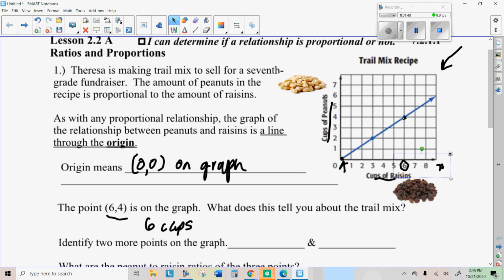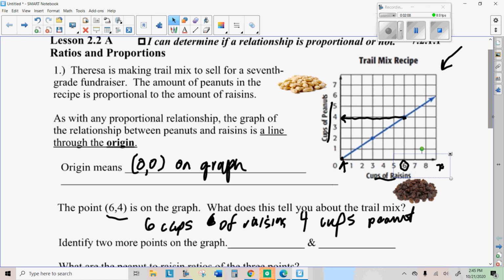And then the other number that makes that point is on the y-axis, the number 4, which is cups of peanuts. And so this is representing a trail mix with 6 cups of raisins and 4 cups of peanuts. So 10 cups altogether.